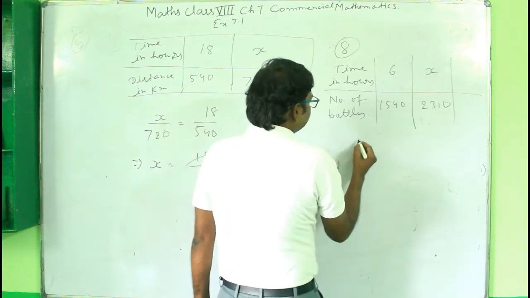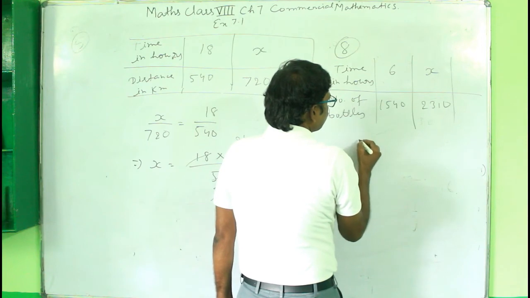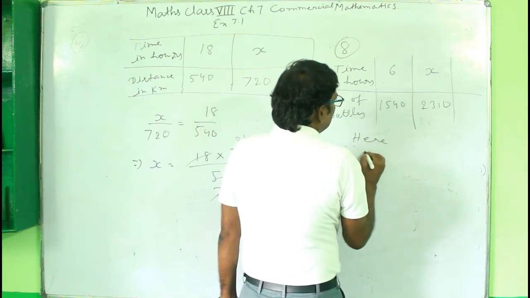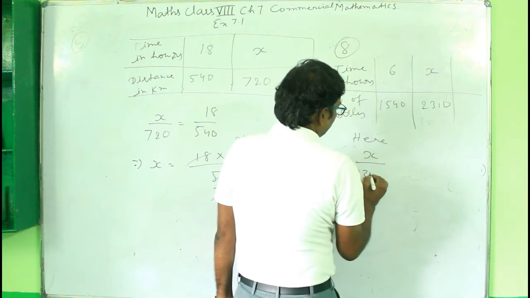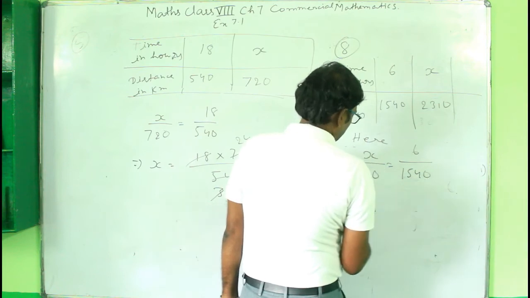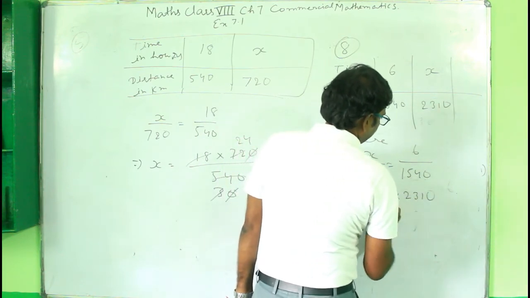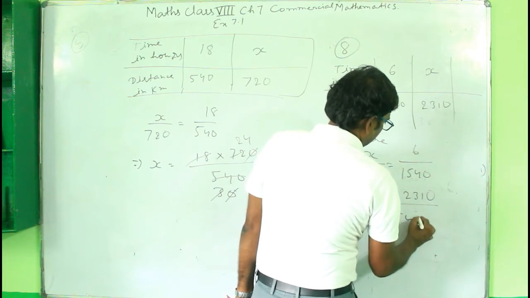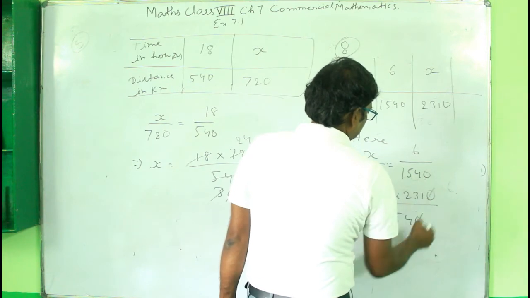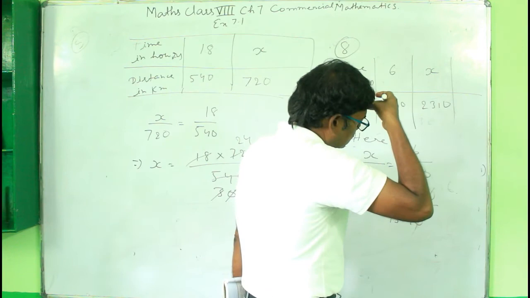So here again you will write x by 2310 equal to 6 by 1540. So you have x equal to 6 into 2310 by 1540. Here this will cut, and these two numbers can be cancelled.